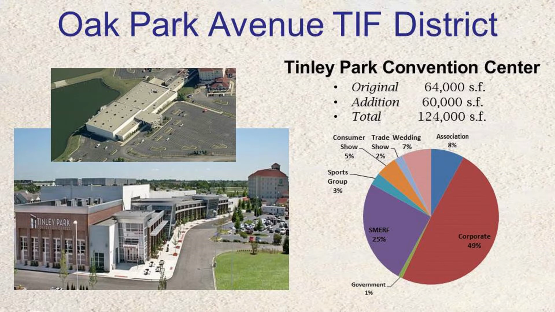And you might ask, what kind of gamble did you take on this? Because many of your questions today will be, what's the risk with this? Which are good questions. We did 2 massive studies before we ever turned the soil over, and realized that our great convention potential was what's known as SMERFs, which is conventions for government groups, labor groups, that cross-section of people that get together for conventions because of their profession.